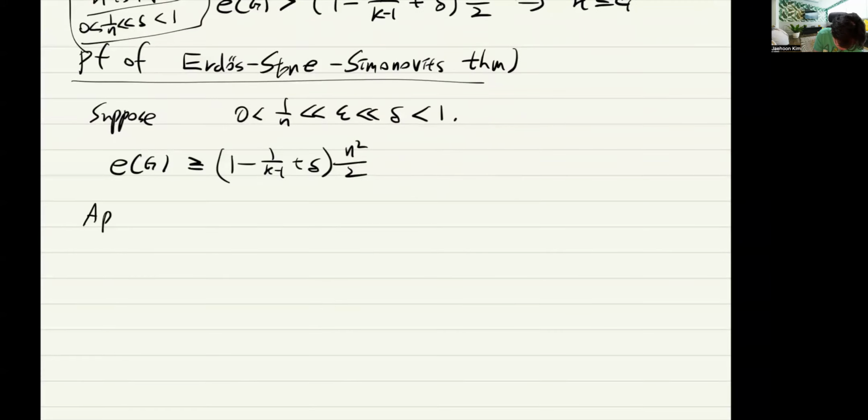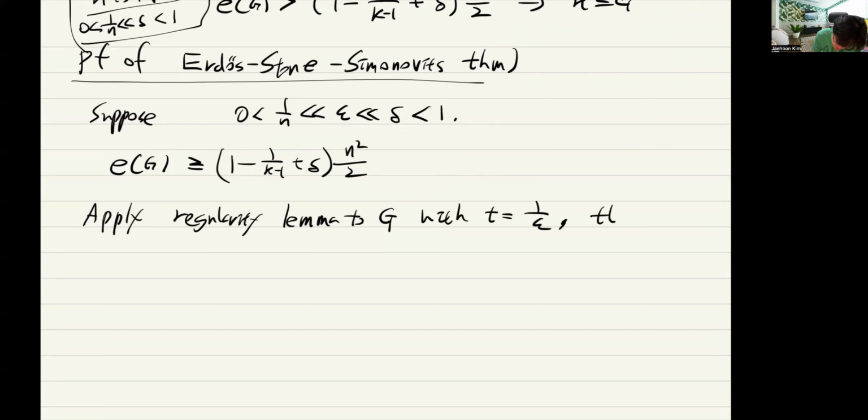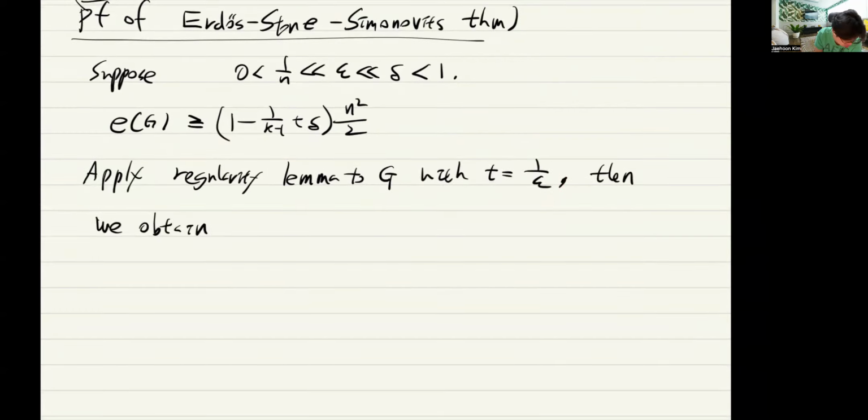And what? We apply the regularity lemma to G, with T being 1 over epsilon. This is to ensure that the number of parts in this regularity partition is not too small.